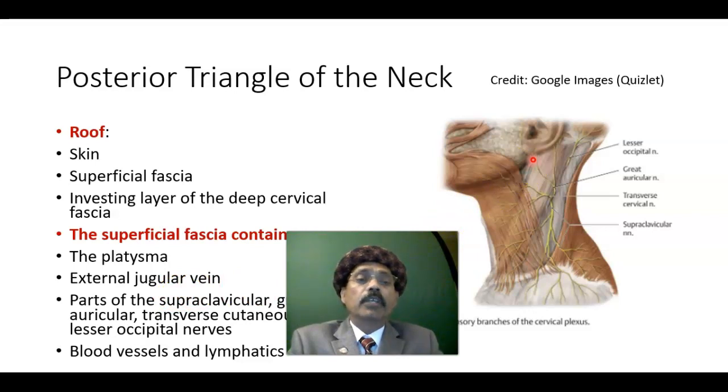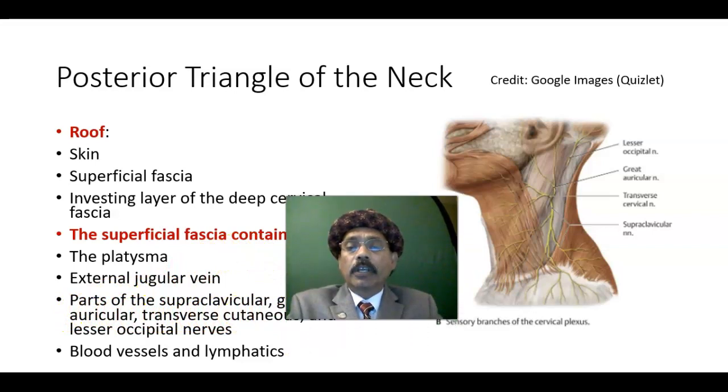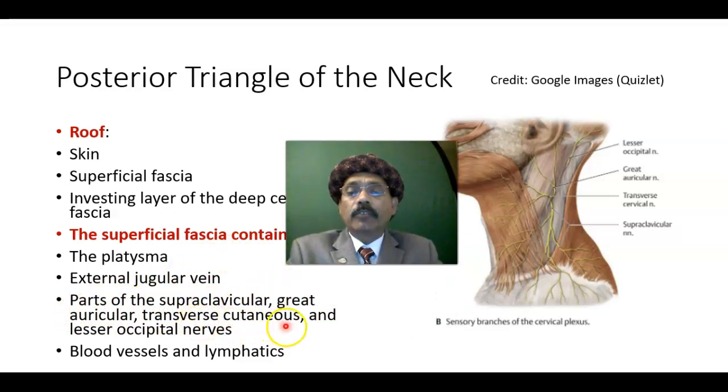It is formed by the union of the posterior auricular vein and the retromandibular vein. It passes over the sternocleidomastoid muscle and ends in the subclavian vein. Then we have parts of the supraclavicular, great auricular, transverse cervical, and lesser occipital nerves.